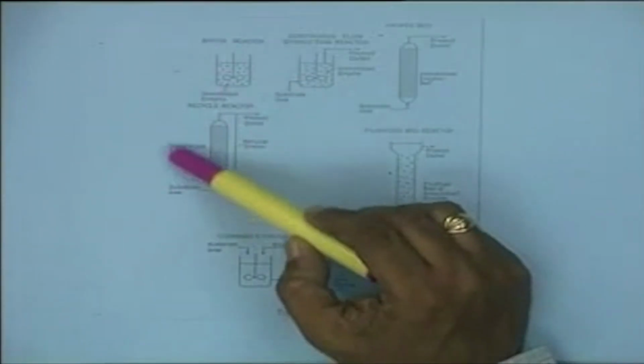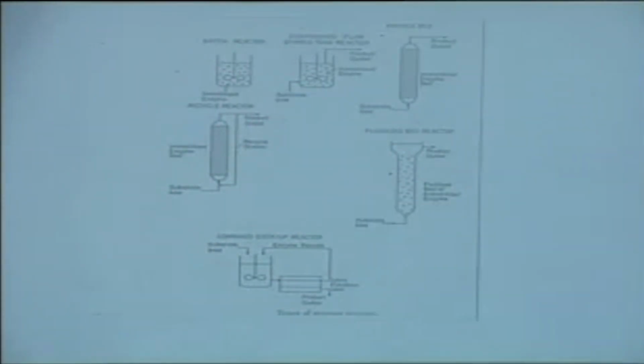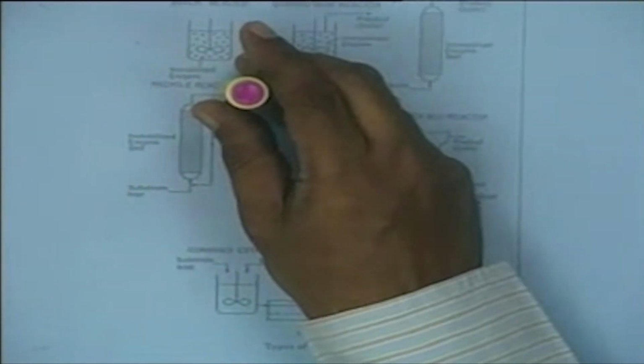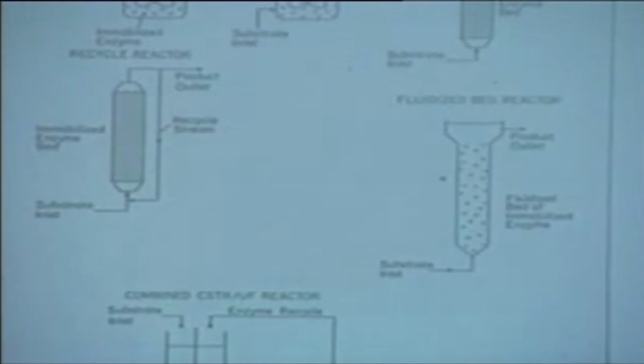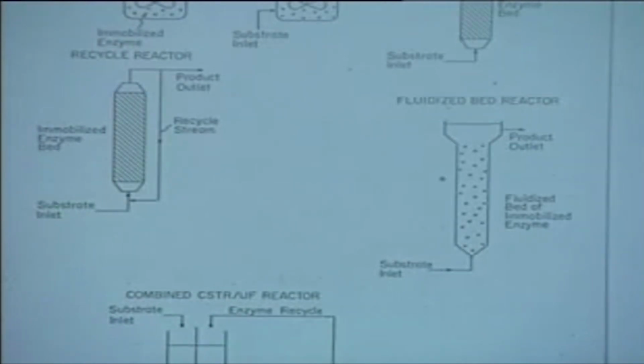Now, if you look at, for example, the case of the batch reactor as I showed. Second, in the case of the recycle reactor, if the product outlet is closed and the total stream is recycled back into the feed, the whole operation can be carried out over a period of time, which is the batch reaction time.